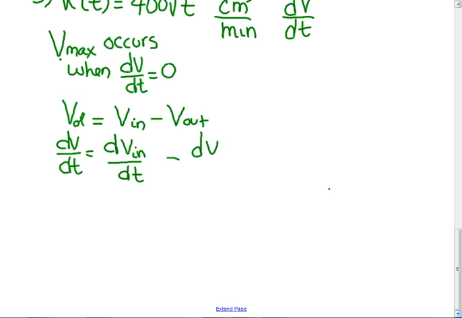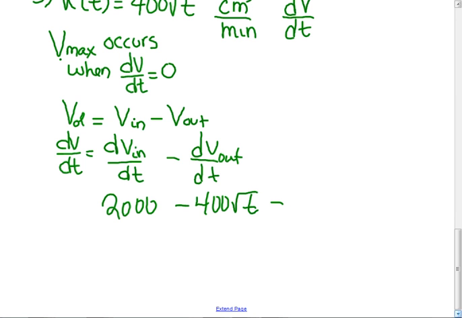What's the volume going in? 200. What's the volume going out? 400 square root of T. And I want where that is what? 0. I'm hoping it's 0. Do you see why the signs are positive and negative? Because this is coming in and this is being removed. Does that make sense? You have to watch for the signs.